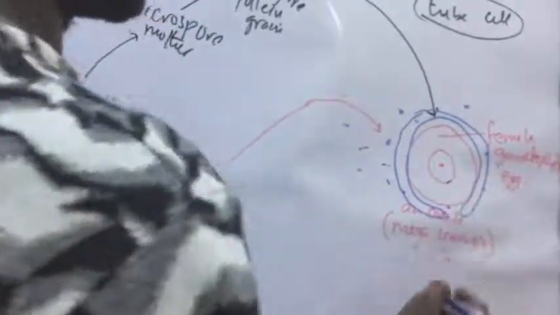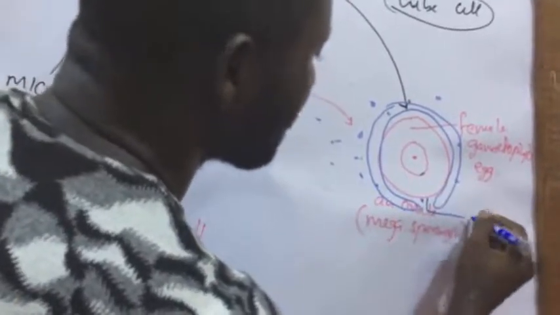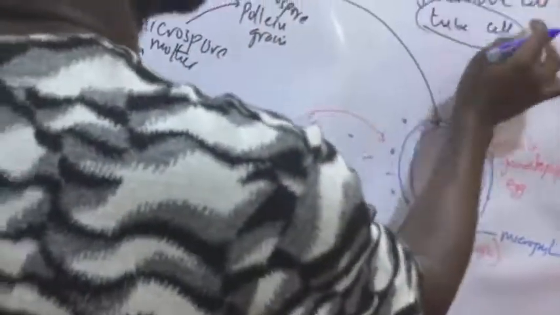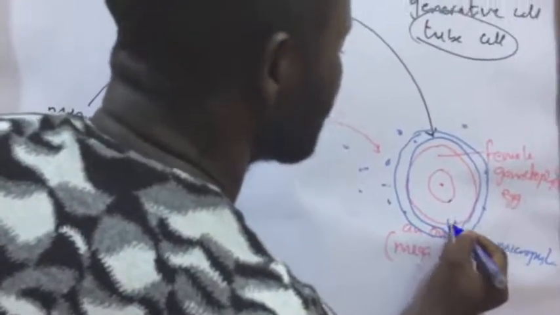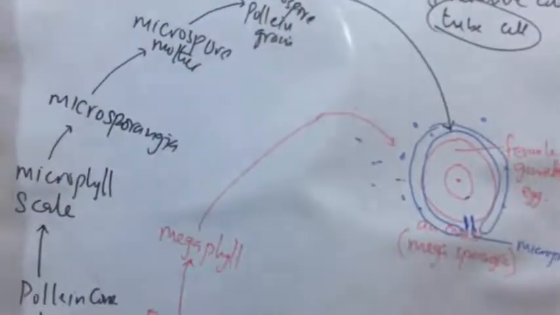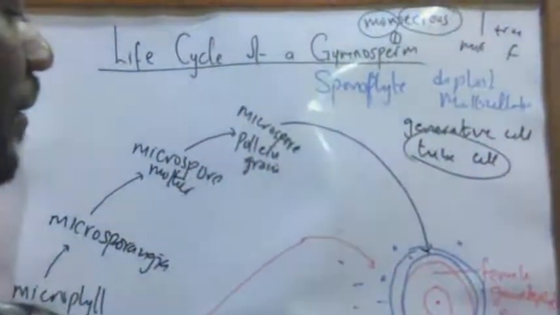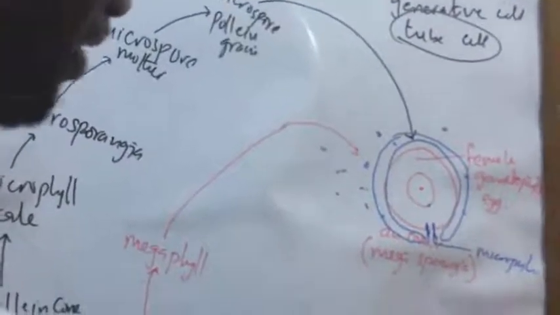This is the integument. This hole here is called the micropyle. Here the tube cell comes and germinates and develops a tube.